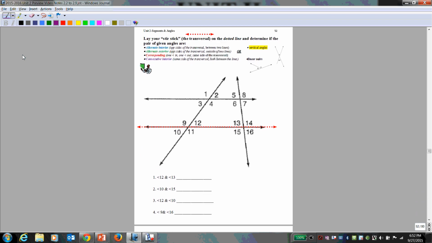Okay, now on that note, you're going to do this with me. I'd like you to take your stir stick here, and you're going to lay your stir stick down right there. That's going to be your transversal. And you're going to determine these pairs of angles.